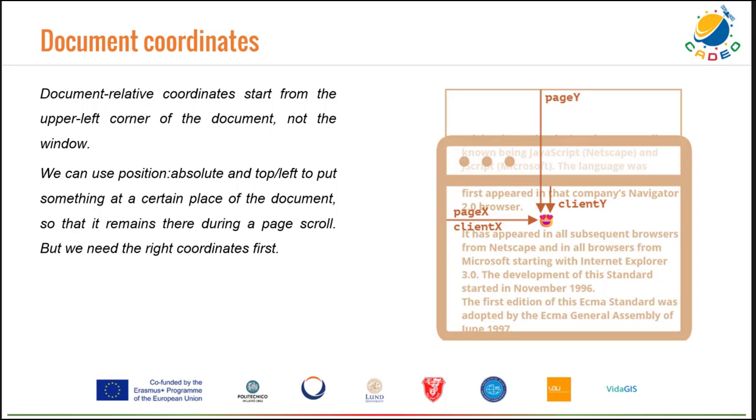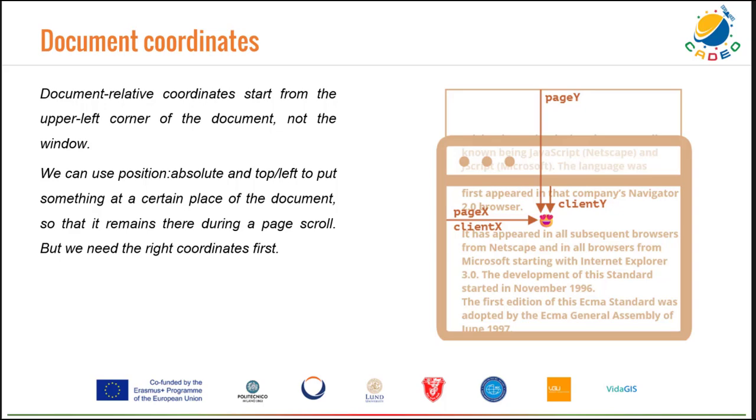Document coordinates. Document relative coordinates start from the upper left corner of the document, not the window. We can use the CSS position property with value absolute, and top and left, to put something at a certain place in the document, so that it remains during a page scroll, but we need the right coordinates first.